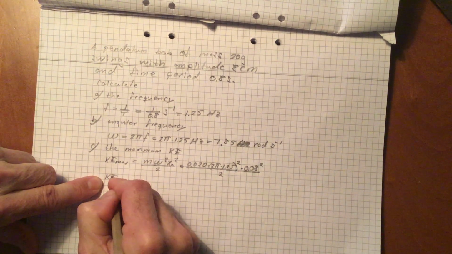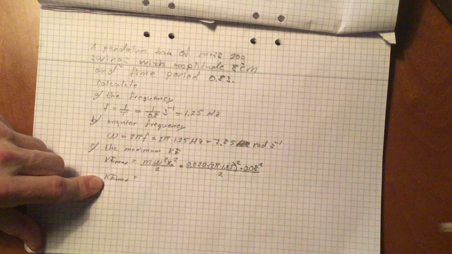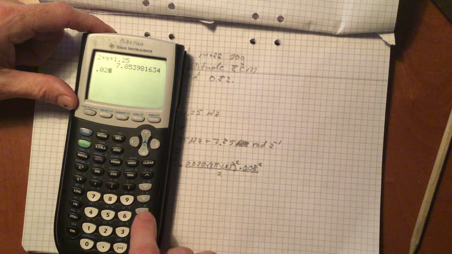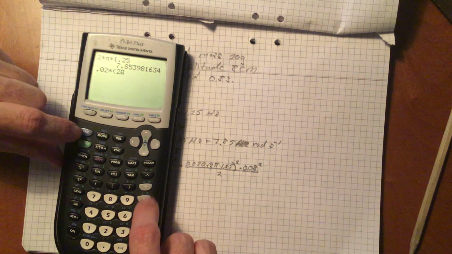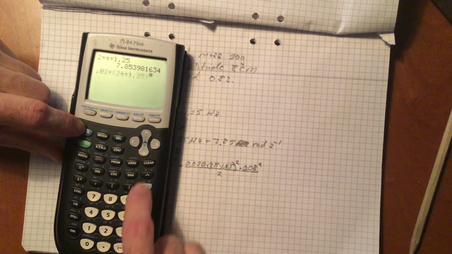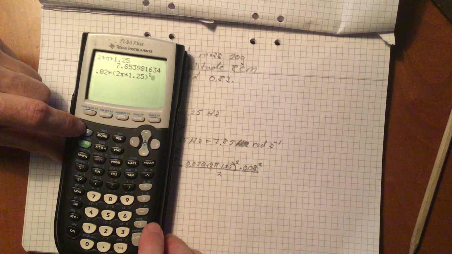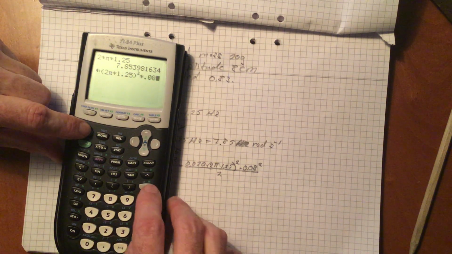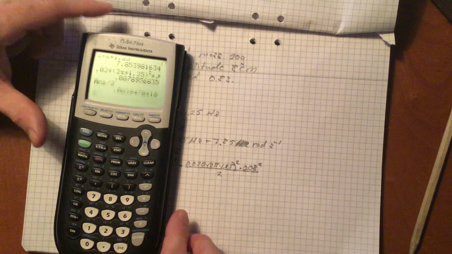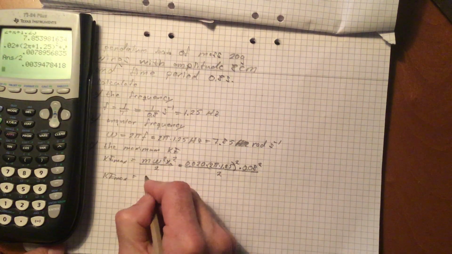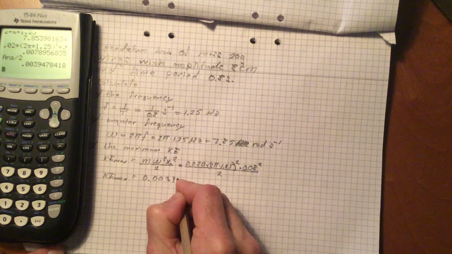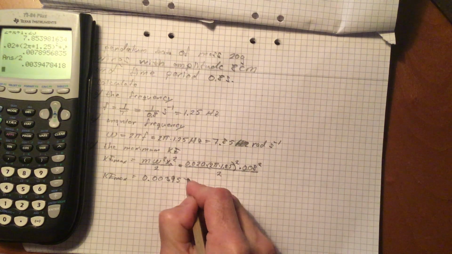And this is the maximum kinetic energy. Let's see what it is. So 0.02 times brackets 2 pi times 1.25 end of brackets, and I square it, times 0.08, and I square it, and I press enter, and I divide by 2, and I got 0.00395 and 5 with 3 significant figures joule.